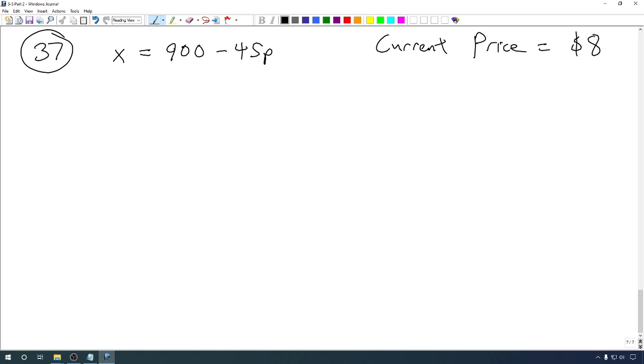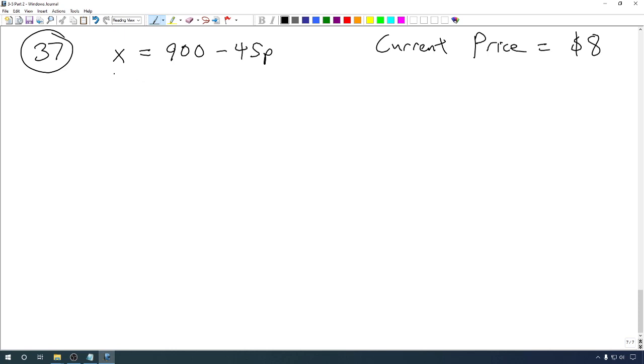So $8 is our current price. Can revenue be increased by lowering the price and thus attracting more customers? Use price elasticity of demand to determine your answer. So basically they're asking here, if we actually lower our price and get more customers, are we going to increase the amount of revenue that we have?